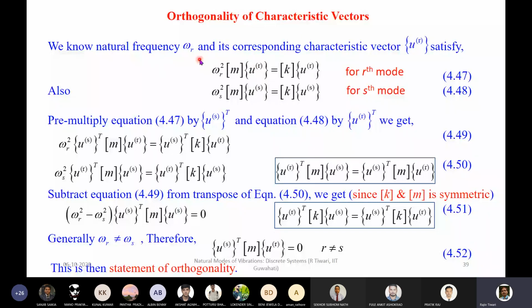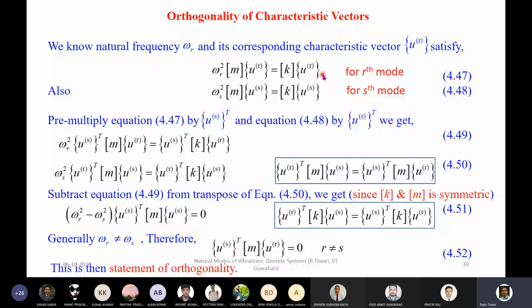So this eigenvalue problem we can write for the rth mode. When I'm saying rth mode, the natural frequency is omega r, and the eigenvector also has subscript r. The same equation should be satisfied by any other mode also.